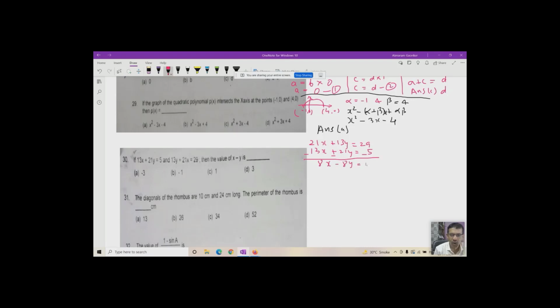This is equal to 24. So divide by 8, and it will be x minus y, 24 divided by 8 works out to be 3. So x minus y is equal to 3. So the answer is D.